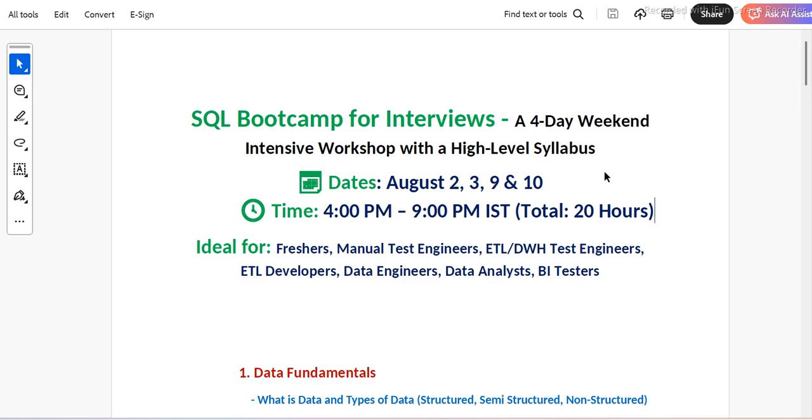Now guys, who all must attend this particular course? I have just mentioned people from the freshers background, because there is no prerequisite for this course. Anyone literally can come and attend this and upskill themselves. So freshers, manual test engineers, and more importantly ETL data warehouse test engineers, ETL developers, data engineers, data analysts, BI testers, data scientists.